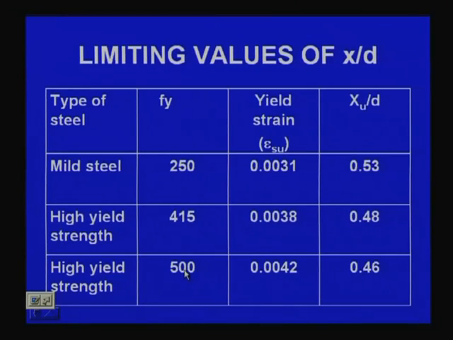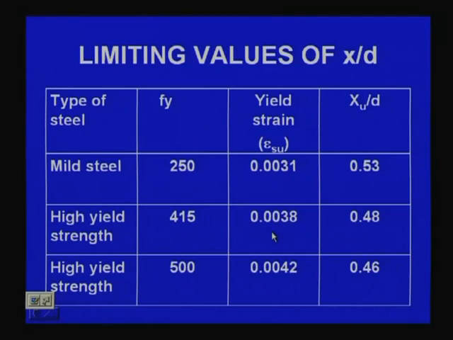Using the formula, we can get the yield strain 0.0031 for Fe250, 0.0038 for Fe415, 0.0042 for Fe500. It is a simple calculation, and we should remember at least 0.0038.